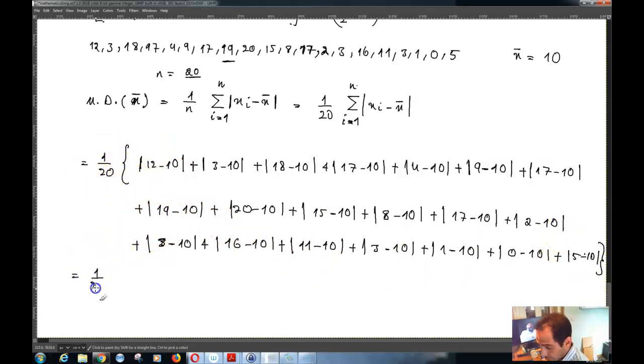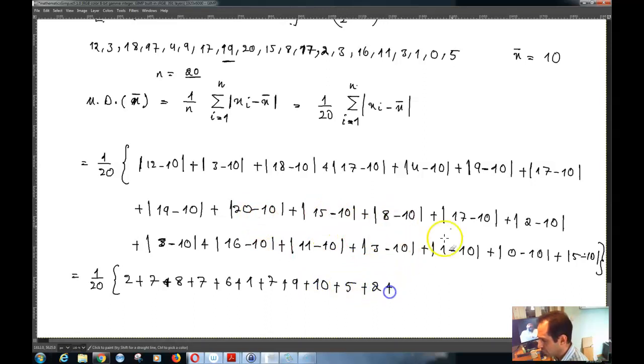Which is the same thing as 1 divided by 20 times 2 plus 7, and here you have 8 plus 8 plus 7 plus 6, that's positive 6, that's positive 1, that's 7, that's 9, that's 10, that is 5, that is 2, that is 7, that is 8, that is 7, that is 6, that is 1, that is 7, that is 9, that is 10, and that is 5.